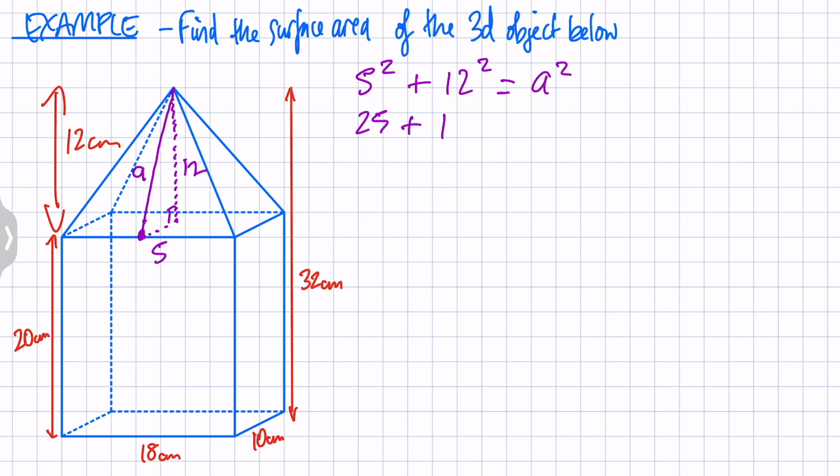Okay, some people know their times tables. A squared. 144 plus 25 is going to be 169. Nice. And A squared, what's the opposite of squaring something? Square root. So A is going to be 13. This length here is 13. That triangle is how many centimeters tall? 13.